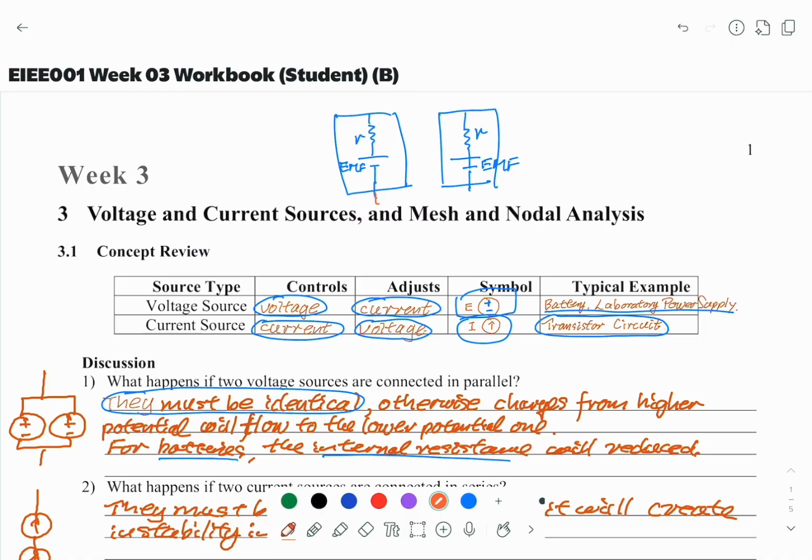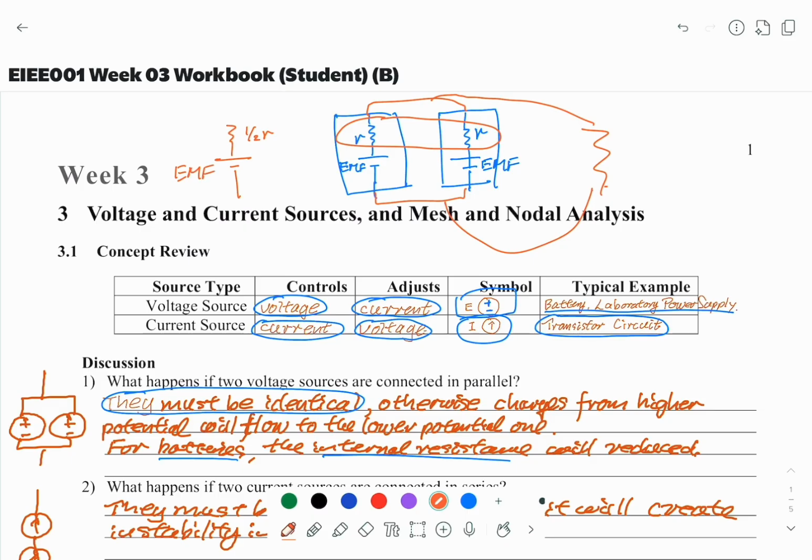Now these two batteries are connected in parallel, and from the outside, this is the load. So these two internal resistors are now connected in parallel. So the overall internal resistor will be like this. It will be half of the original, and the EMF will remain unchanged.